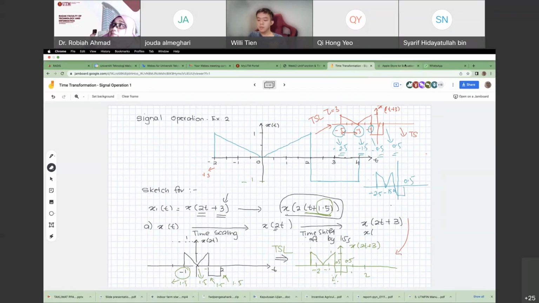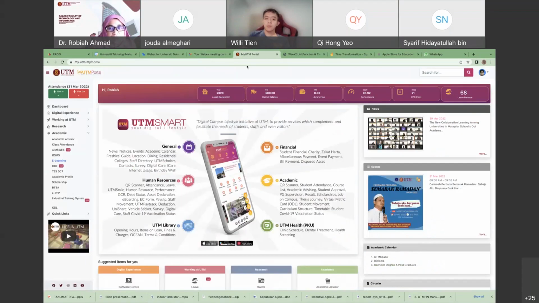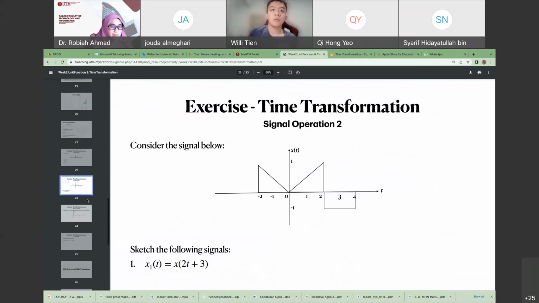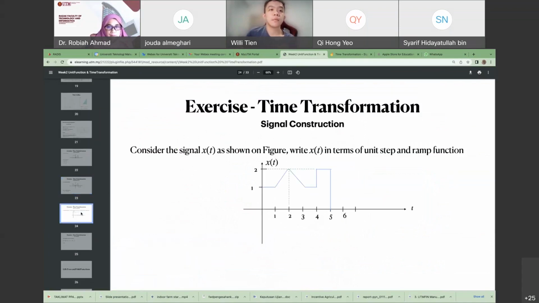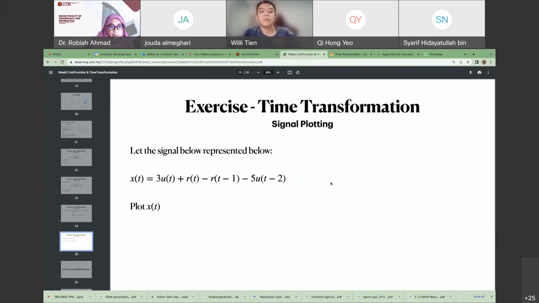Any question? Time is up already. So okay class, please go to your notes. There are more examples here. We will discuss further during our class tomorrow. For example, we have a signal and want to write it as equations: this one is step, ramp, step, and then step. And another one, where we have the equations, how do we plot the signal?